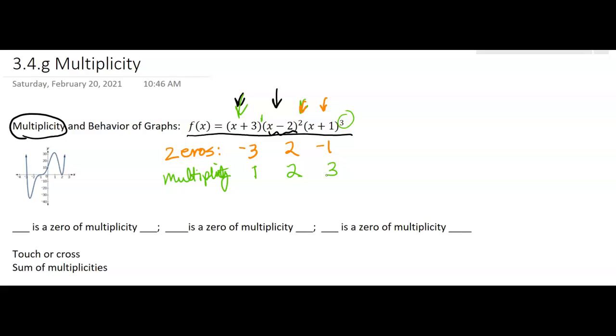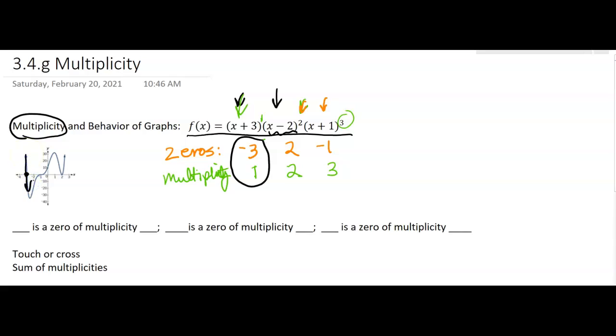Notice that you have, oh, I thought this graph went with, oh, it does. Okay, so notice that I have a zero at negative 3. Okay, so let's see it on the graph. It's right there. There's my zero at negative 3. The multiplicity is 1. Notice that it's just crossing right through there.